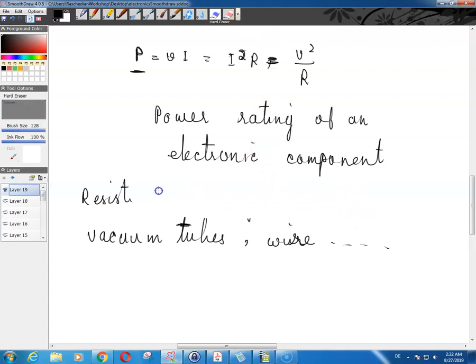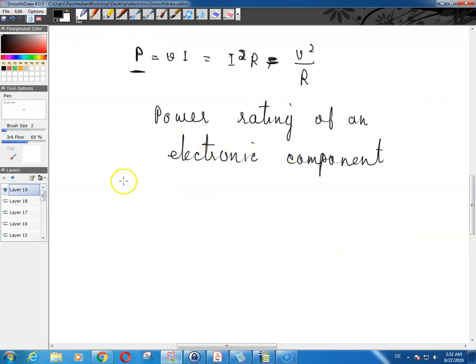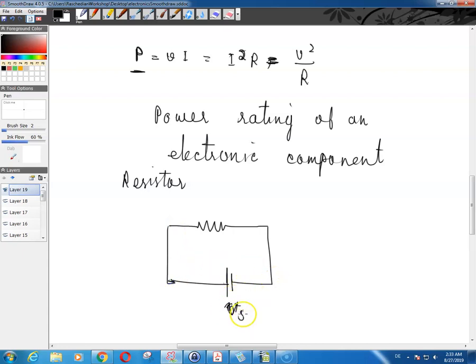Now, if you concentrate, for example, on a resistor, what you would get is that suppose you have a resistor connected to a battery, and of course there is some V_S, your battery voltage, the power supply voltage, and the same voltage that you have here you have on the two leads of your resistor as well.